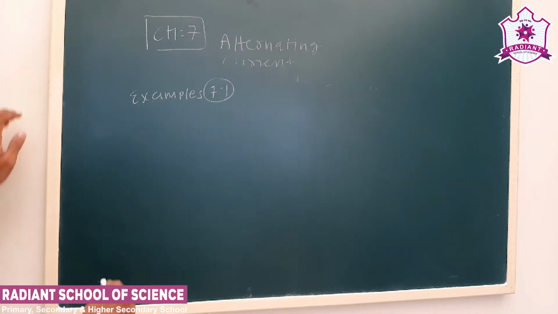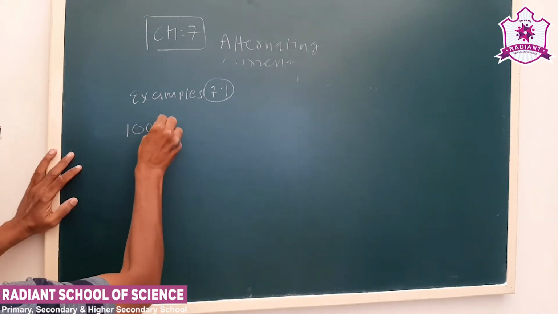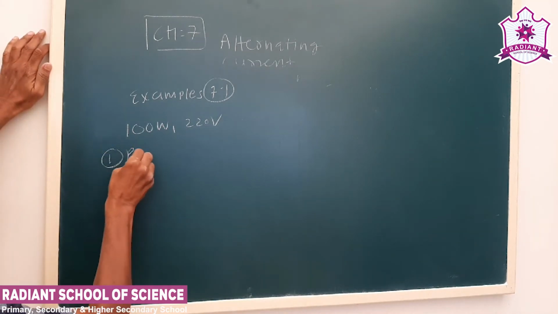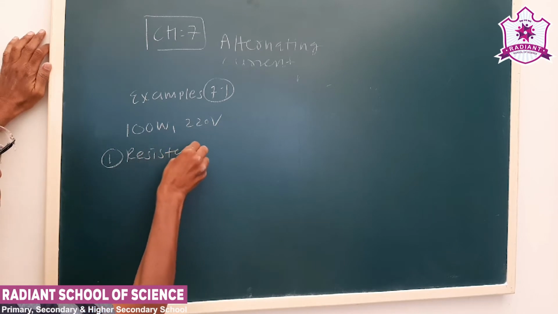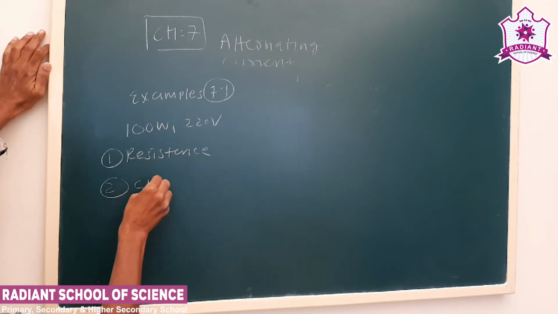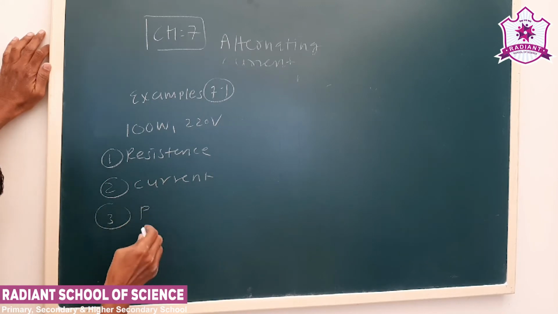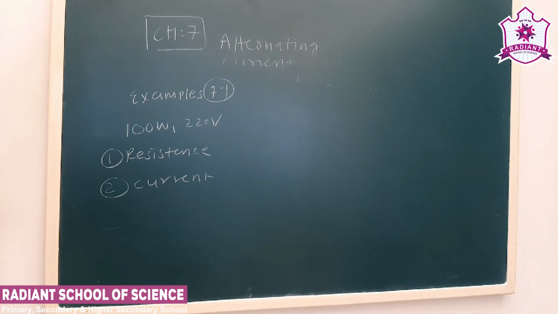See, a light bulb is 100 watt, 220 volt. What you have to find out: the resistance of the bulb, second the current, and third the power. Power is given, sorry.